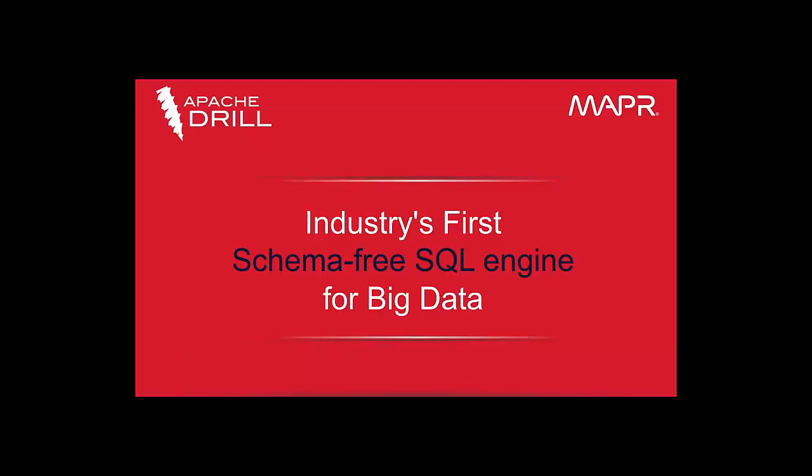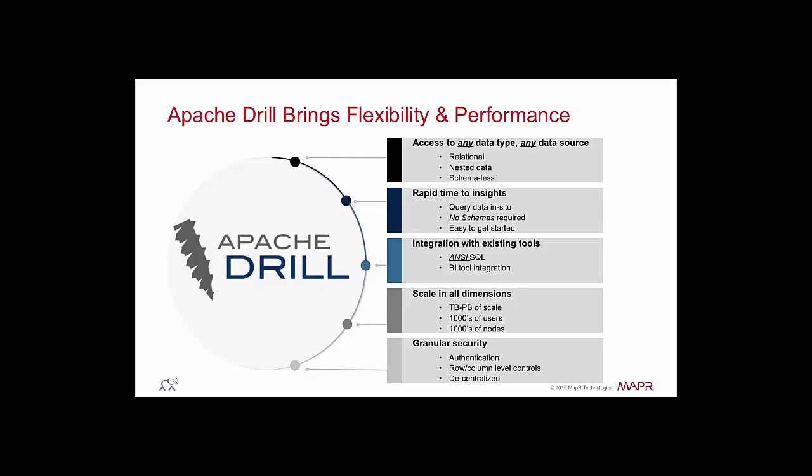So let's look at Drill in more detail here. The first thing that Drill allows you to do is process structured data that comes from your OLTP systems, as well as semi-structured data that comes from your web applications or any other sensor applications that you have in your organization, right?